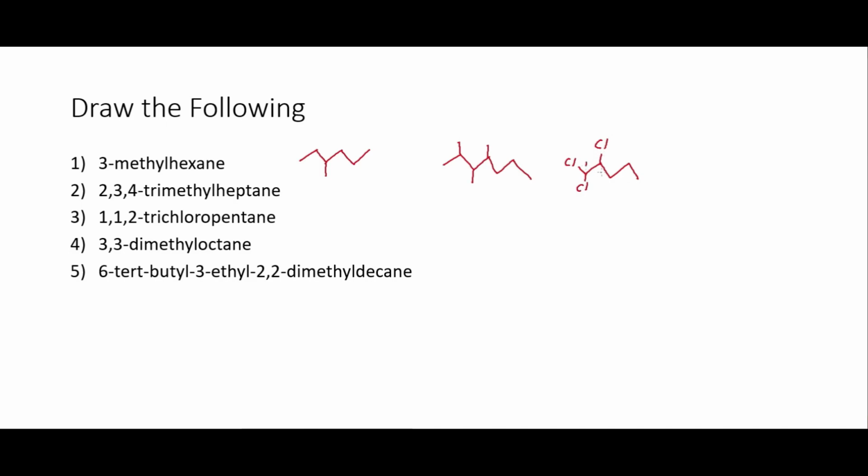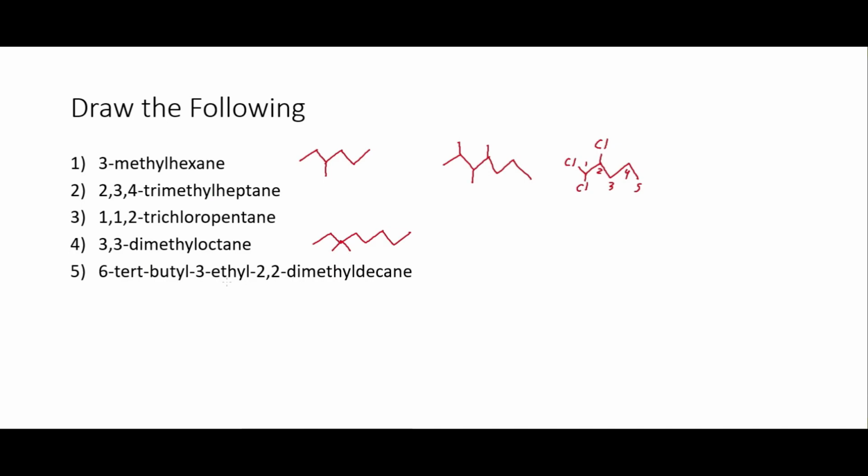So we have 2 of them on the first, so that's these 2 chlorines here, and then 1 on the second. Then we have 3,3-dimethyloctane, so octane is 8, so 1, 2, 3, 4, 5, 6, 7, 8. We go to the third carbon, and we have 2 methyl groups on it, so that would look like that.